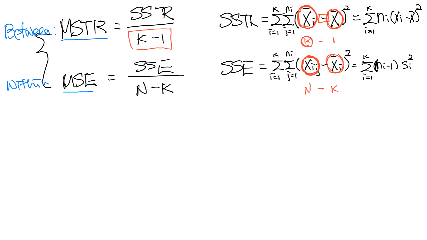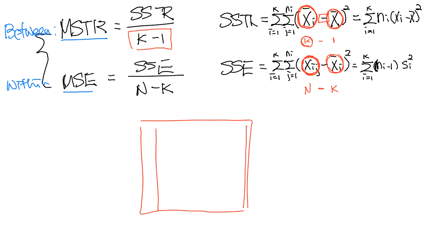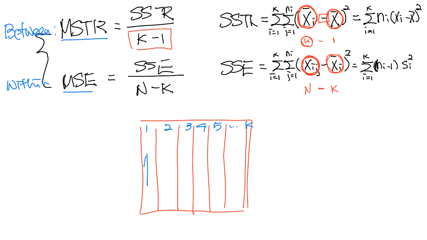Also, when we have a data structure, it's like this way, right? There are many samples: 1, 2, 3, 4, 5, up to k. Inside, it's this vertical way. That will be MSE, the inside.